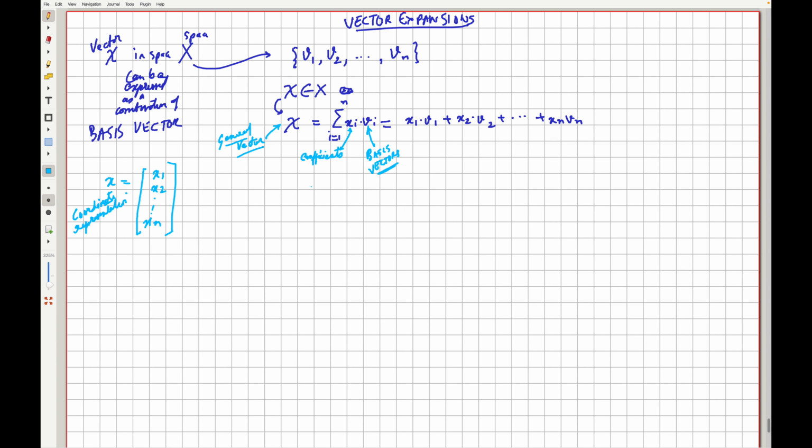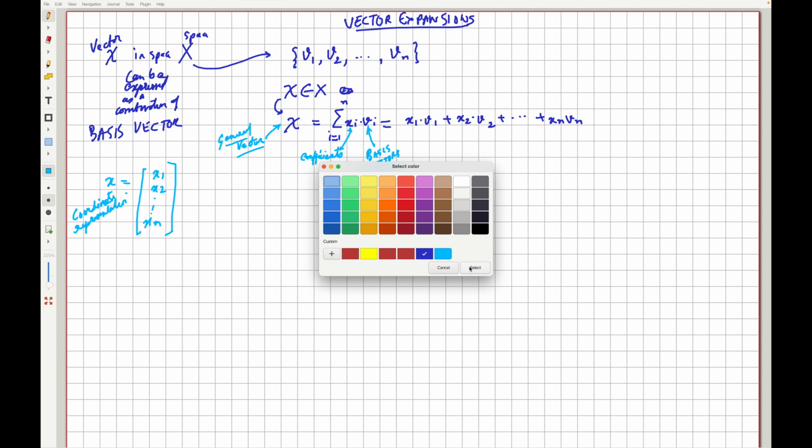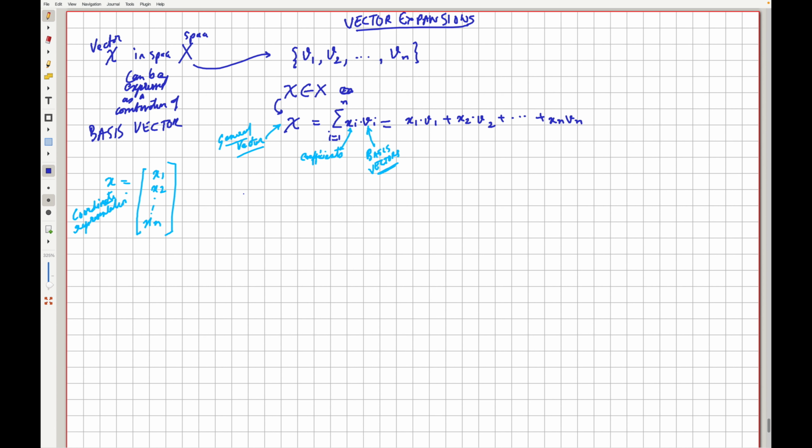But before we get there, here are some relations that we need to look at. The first one is if the basis vectors are orthogonal.